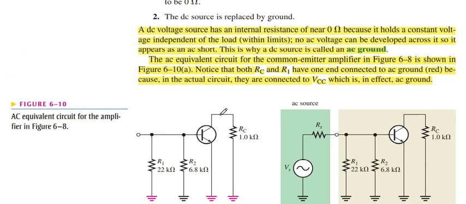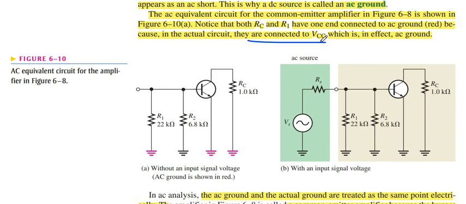We know that the collector and base are connected to the VCC. There it is mentioned, connected to the VCC. So we remove VCC and act as grounded. We ground the DC source. All the sources are replaced by ground signals. So this is the circuit diagram.